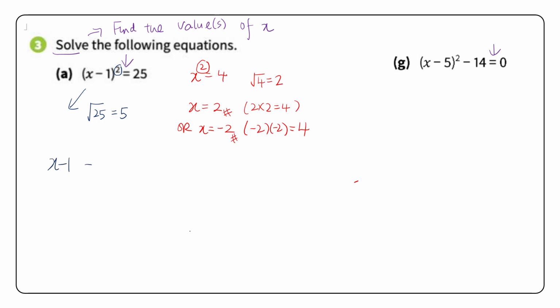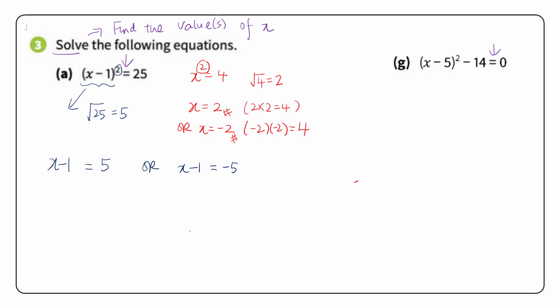it's possible when I substitute inside the bracket to have 5, because 5 times 5 gives you 25, or negative 5, because negative 5 times negative 5 also gives me 25.